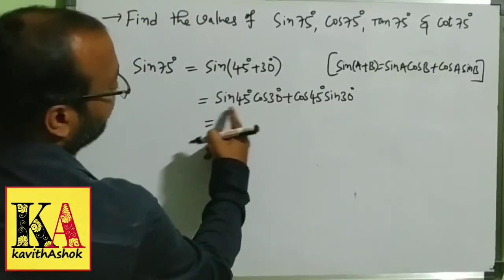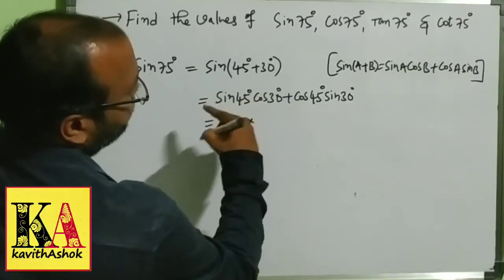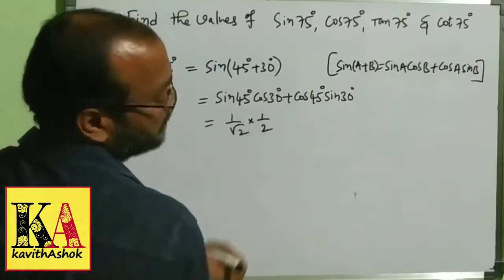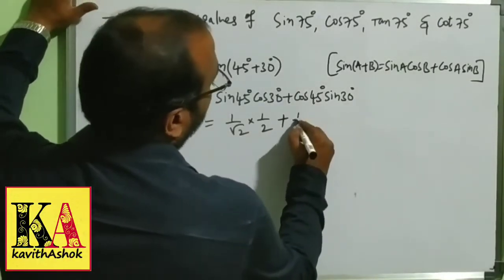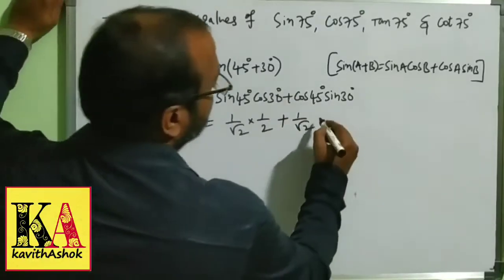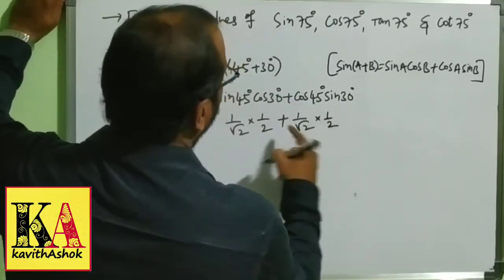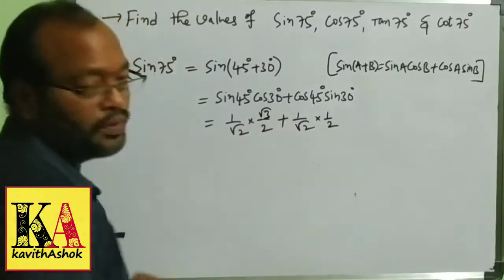Now sin 45 is nothing but 1 by root 2. Cos 30 is nothing but sin 60, root 3 by 2, plus cos 45, 1 by root 2. Sin 45 value and cos 45 value are the same. Sin 30 is nothing but 1 by 2. Here cos 30 is sin 60, so this is root 3 by 2. Okay.